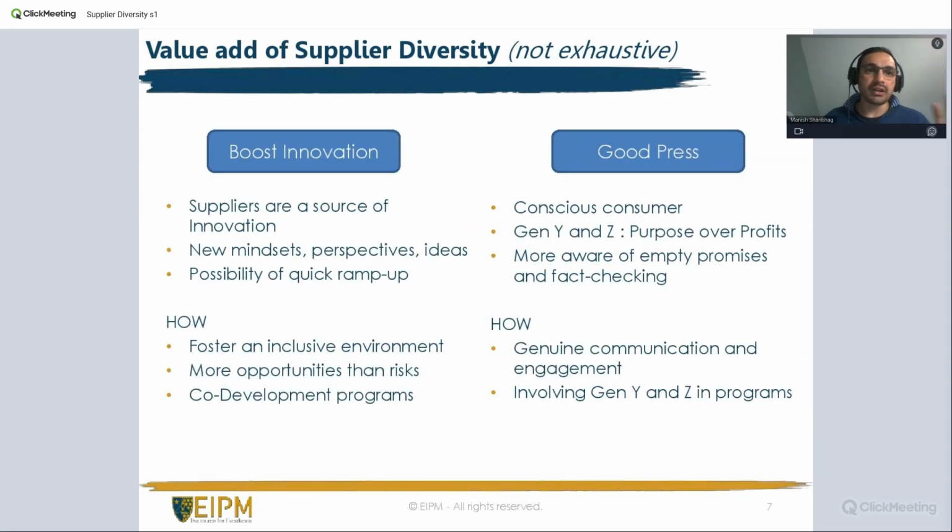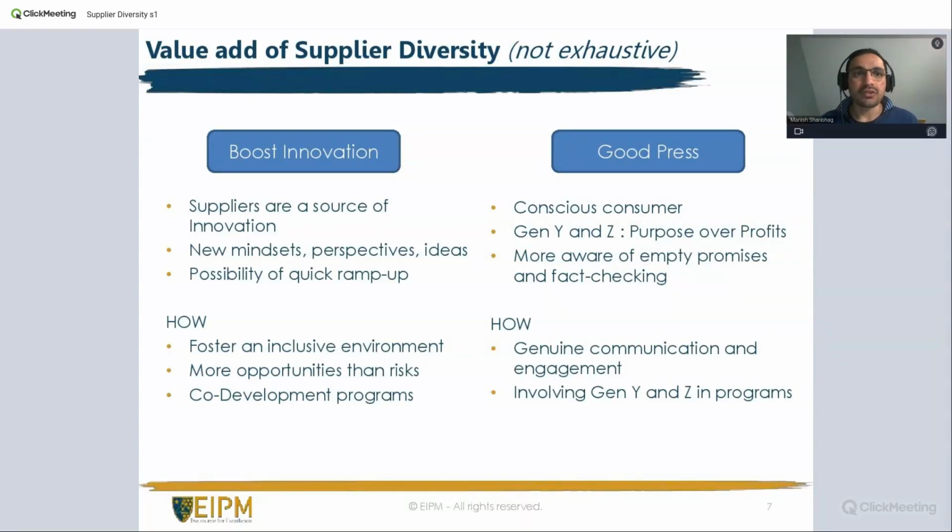Okay, so let's look at these. We're talking about the first one, let's say boosting innovation. Okay, more over the years, what we have seen is suppliers are a very strong source of innovation. We have seen multiple programs. One of my colleagues does this research in a bit more detail, looking at outside-in innovation that comes from suppliers and then is put within the organization, right?